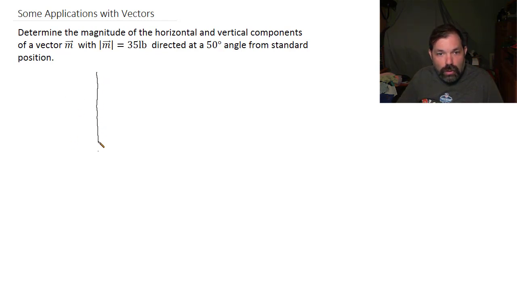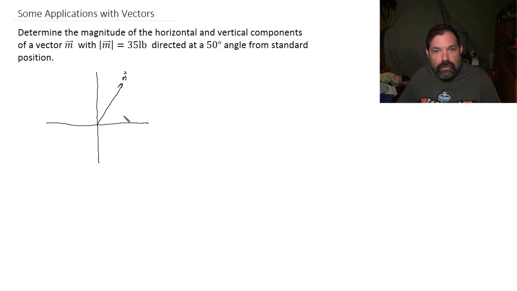Alright, so let me draw some axes. And we have a vector m directed at a 50-degree angle from standard position. Our standard position, like we learned the first few days of class, a 50-degree angle might look like that. There's a vector, so let me call this the m vector.